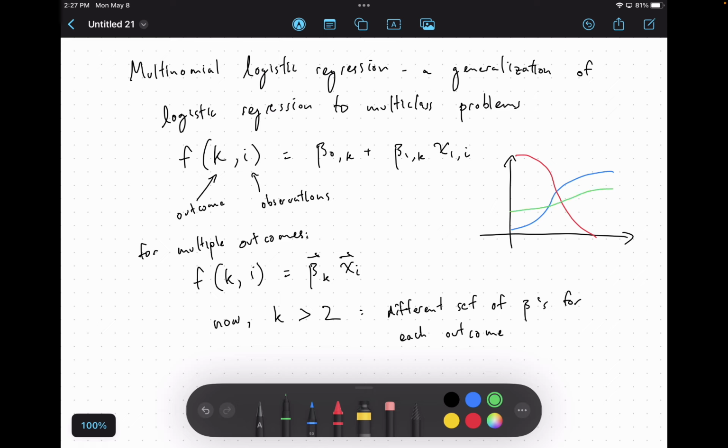Right? And remember that the sum of all of these at any time has to be equal to 1. So now you could have a P of X, P of Y, P of Z. Okay.